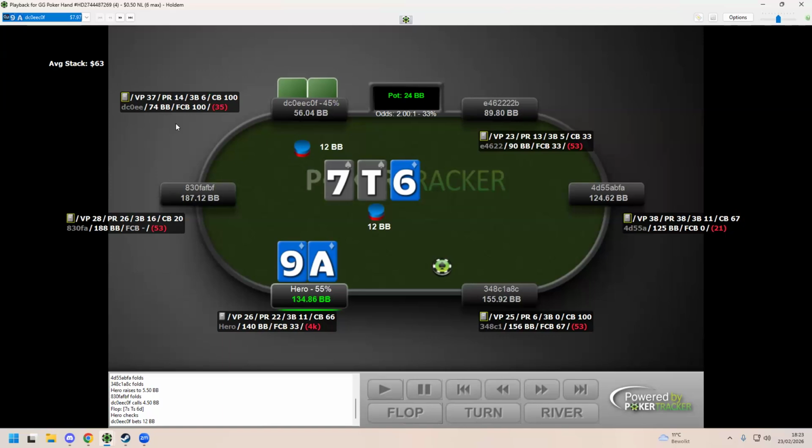You can see that here at some frequency, even though the texture doesn't really lend to it. Let's think about what the origin ranges are. The origin range of a limp-call ISO range is weaker than a three-bet range.